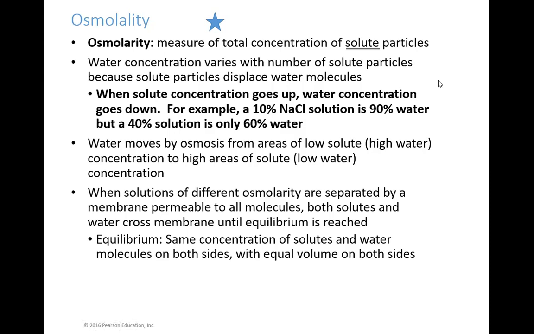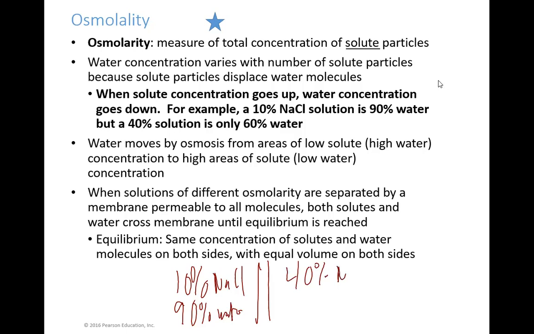Like here's our membrane right here. Here's our 10% sodium chloride, which is 90% water. Over here is 40% sodium chloride and 60% water, because both of those equal 100%. Now, which side of the membrane has the highest water concentration?